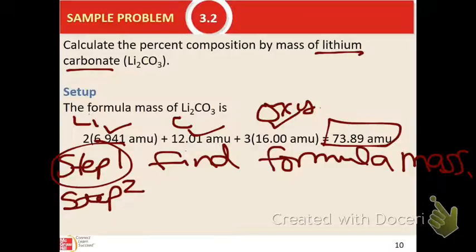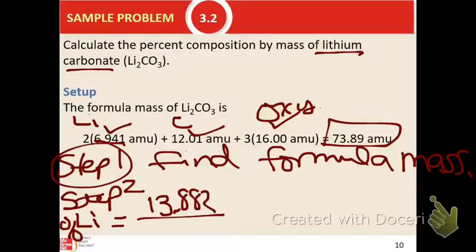To find my percent lithium, I'm going to take lithium's mass, which is going to be 2 times the 6.941. So that's 13.882 divided by the formula mass, 73.89 AMU.